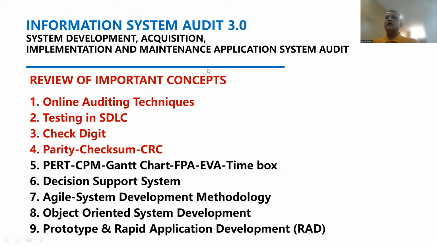So we've completed this, and it's a long session. We have reviewed the important concepts of online auditing techniques, testing, SDLC checks, digits, parity, checksum, CRC. And in the second part of module 3, we'll be talking about PERT, CPM, Gantt charts, FPA, EVA, time box, decision support system, agile system development methodology, object-oriented system development, prototype, and RAD.